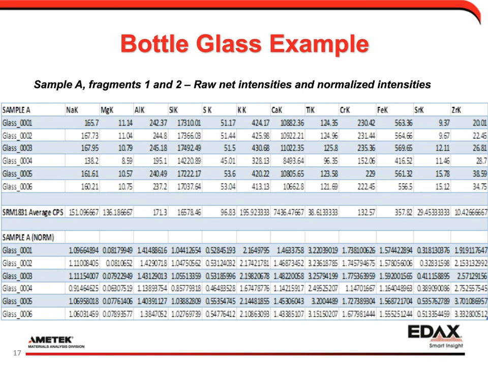Of course, as I mentioned, we eliminated magnesium, and so forth. Then we have the SRM 1831 averaged intensities for those respective elements. And then you have the normalized intensities for the original data set from the 6 unknown samples.